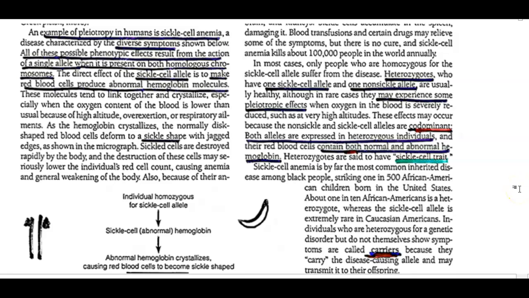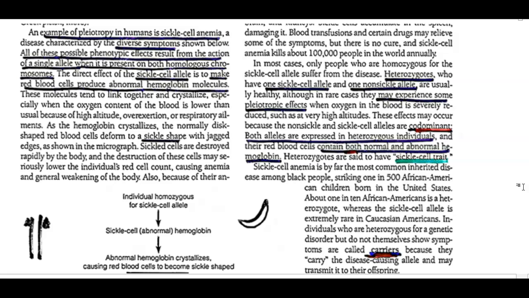These molecules tend to link together and crystallize, especially when the oxygen content of the blood is lower than usual because of high altitude, overexertion, or respiratory ailments. As the hemoglobin crystallizes, the normally disc-shaped red blood cells deform to a sickle shape with jagged edges.